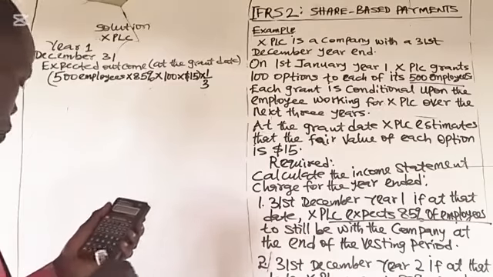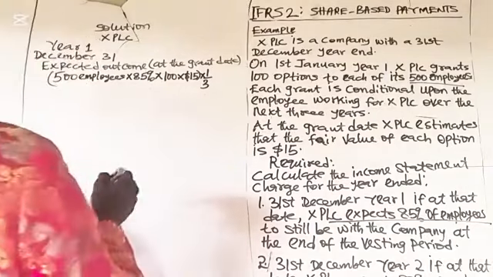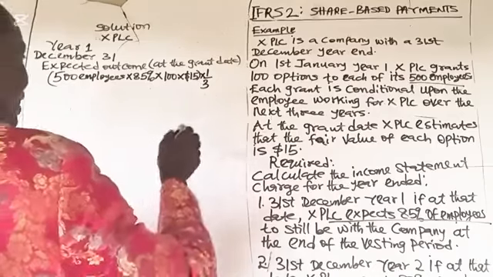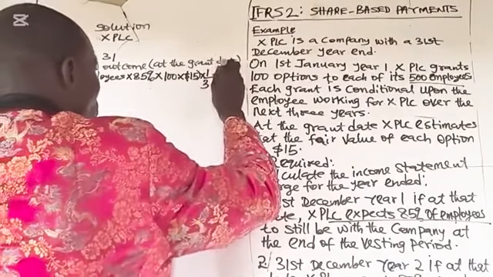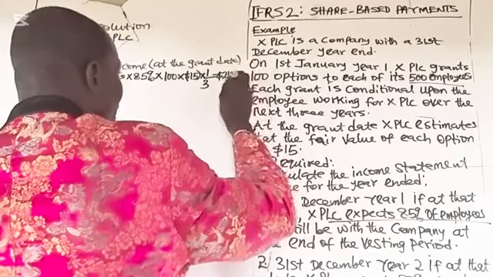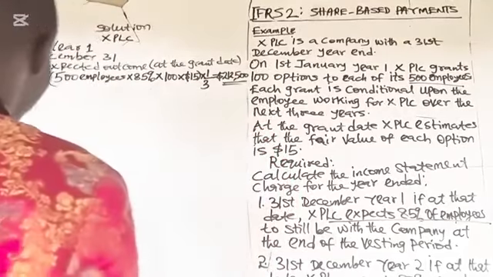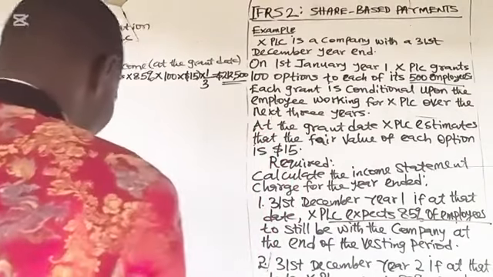That gives us 212,500. This will be charged as an expense in the statement of profit or loss.